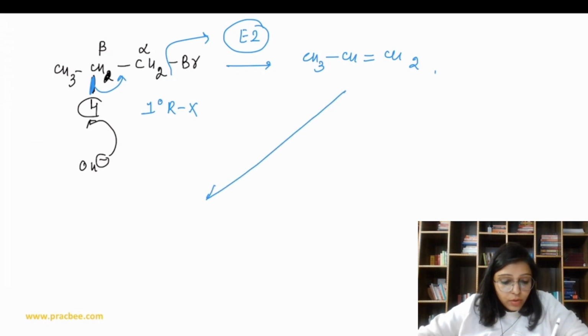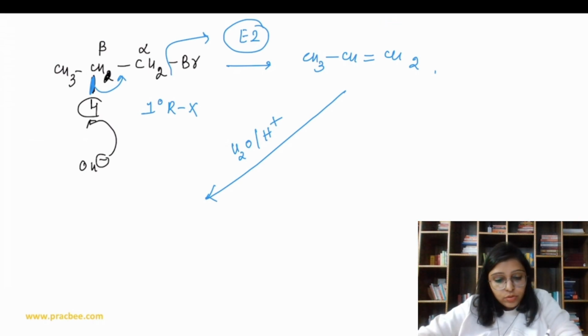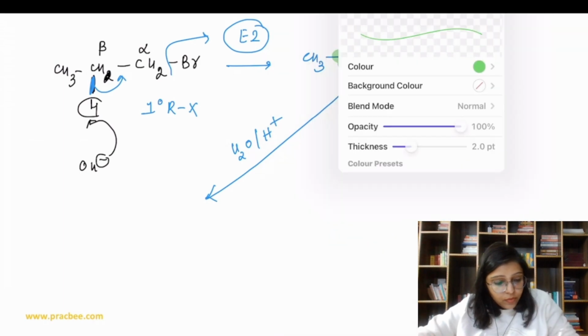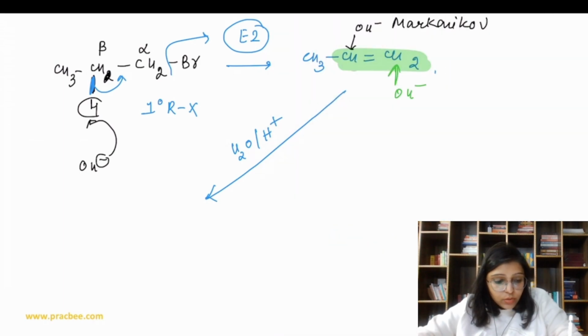Now we have H2O/H plus, that's a Markovnikov addition. So Markovnikov addition means the negative part goes to that carbon which has fewer hydrogens across the double bond, right? If OH goes to this carbon, that's Markovnikov, and if OH goes to that carbon, that is anti-Markovnikov, right?